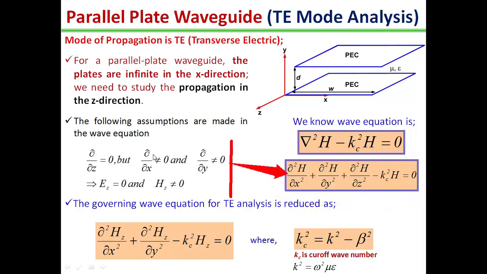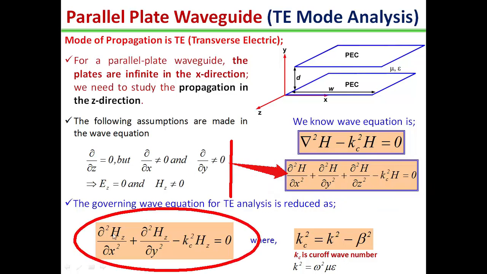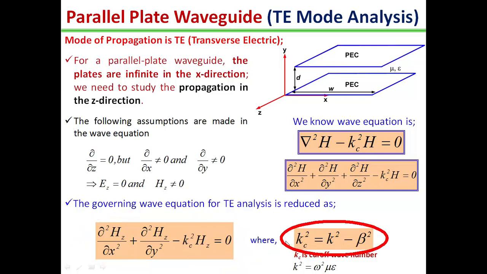According to the assumption, putting the values into the wave equation, we will find del square Hz by del x square plus del square Hz by del y square minus Kc square Hz is equal to 0, where Kc square is equal to k square minus beta square, Kc is the wave number and k is defined as k square equal to omega square mu epsilon.